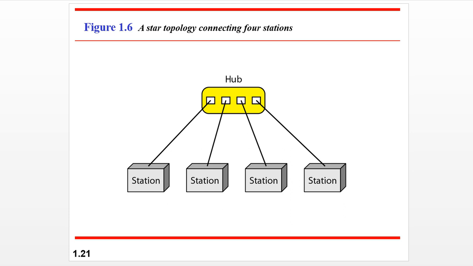As you are seeing right now, there is a hub, which is called the central controlling device. There are a number of stations, like station 1, 2, 3 and 4. Those stations are devices which can transfer data to other nodes, whether a computer or any other device which can communicate with each other.